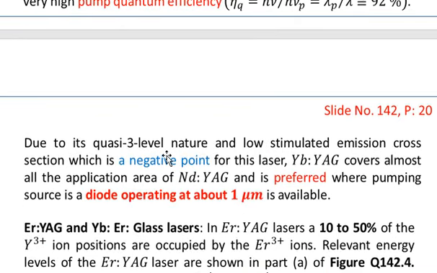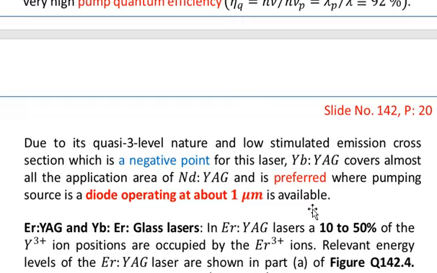Due to its quasi three-level nature and low stimulated emission cross-section, which is a negative point for this laser, ytterbium-YAG covers almost all the application areas of the Nd-YAG. So all the applications where an Nd-YAG laser is required, we can use ytterbium-YAG lasers there also, and it is preferred where a pumping source, a diode operating at about 1 micrometer, is available.